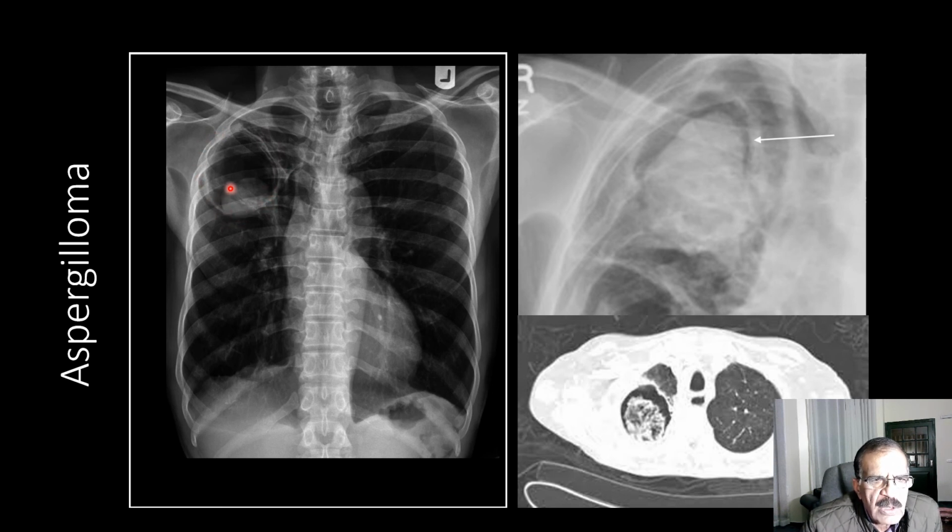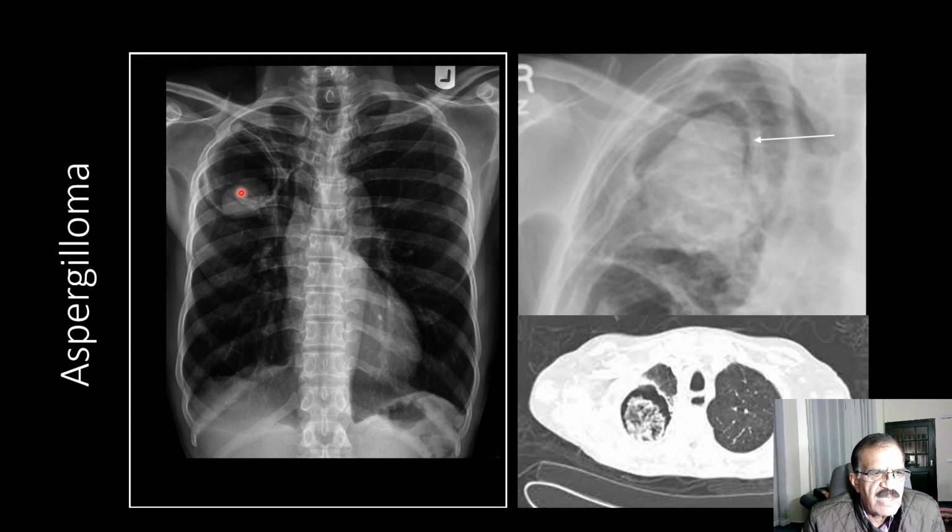This is a soft tissue opacity, well circumscribed within the cavity, and it is in the lower part, the physically, gravitationally dependent part. So this must be a freely lying Aspergilloma. Aspergilloma is a ball of fungus which grows in pre-existing cavities, and the cavity could be due to anything.